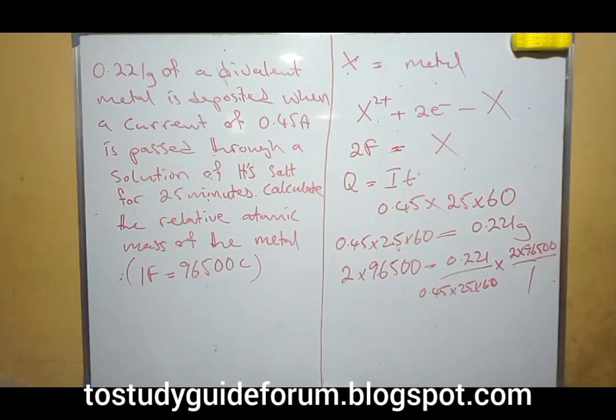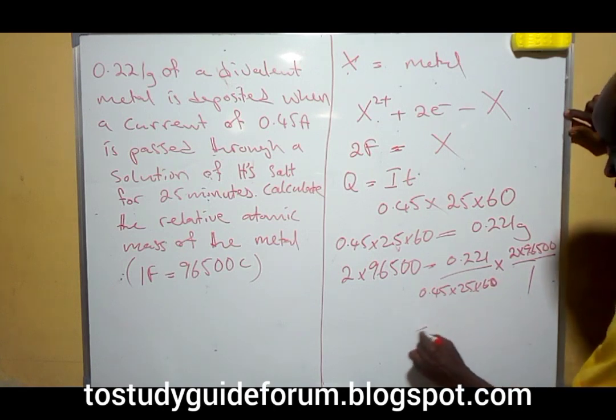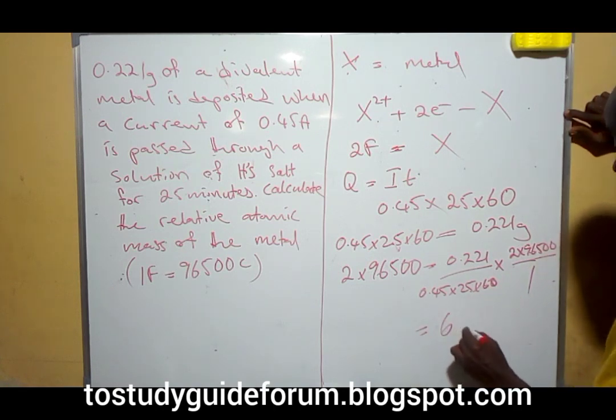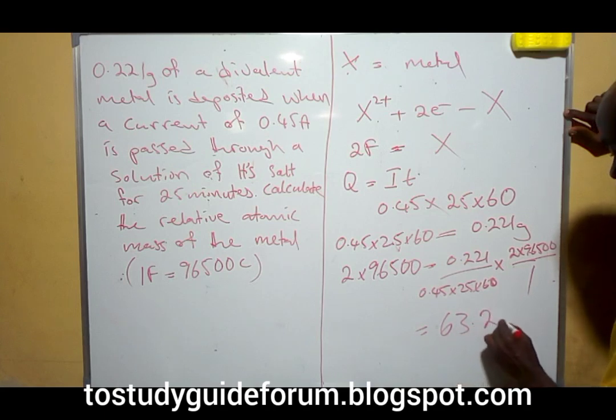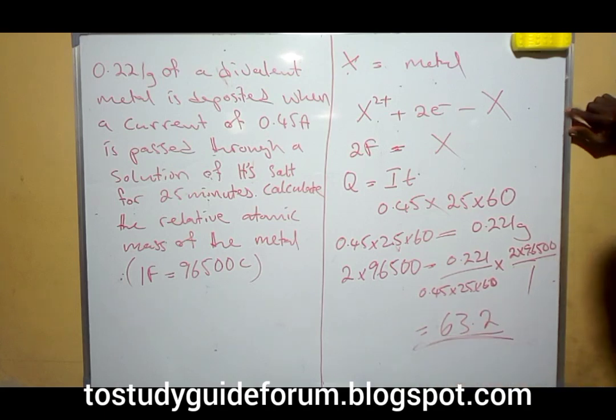When we multiply through and divide the necessary ones, we have 63.2. That's the relative atomic mass of the substance that we're looking for.